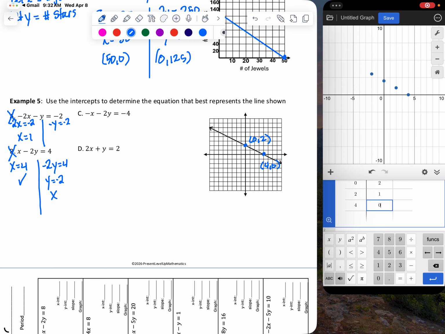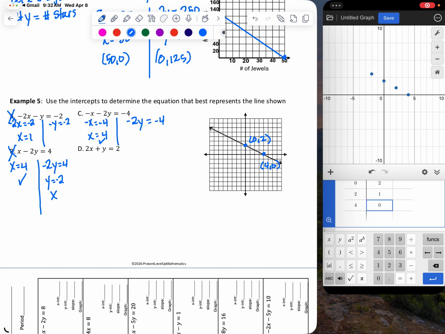All right, let's try C. Negative x is equal to negative 4. And negative 2y is equal to negative 4. All right, let's check these. For x, I'll have to divide both sides by negative 1. So negative 4 divided by negative 1 is positive 4. That checks out.